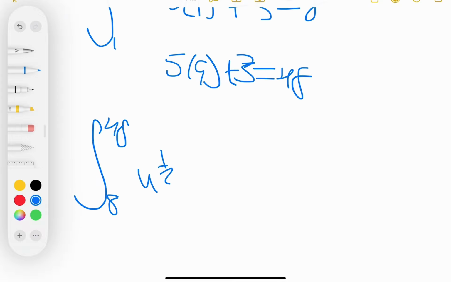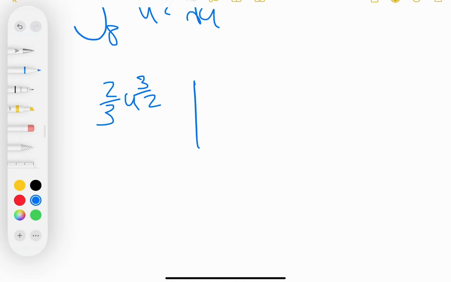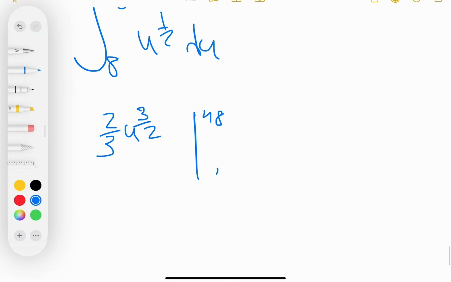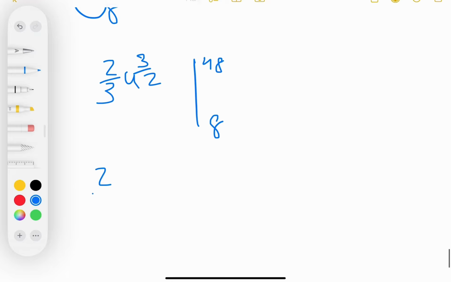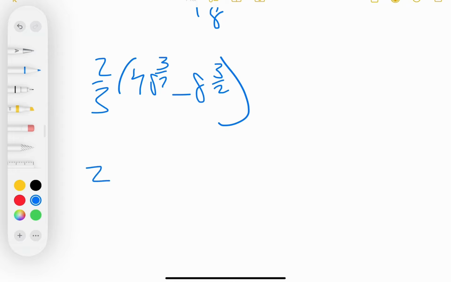This equals 2/3 u to the 3/2. Then we use the bar to substitute our bounds. So our final answer is 2/3 times 48 to the 3/2 minus 8 to the 3/2, which is 2/3 times radical 48 cubed minus radical 8 cubed.